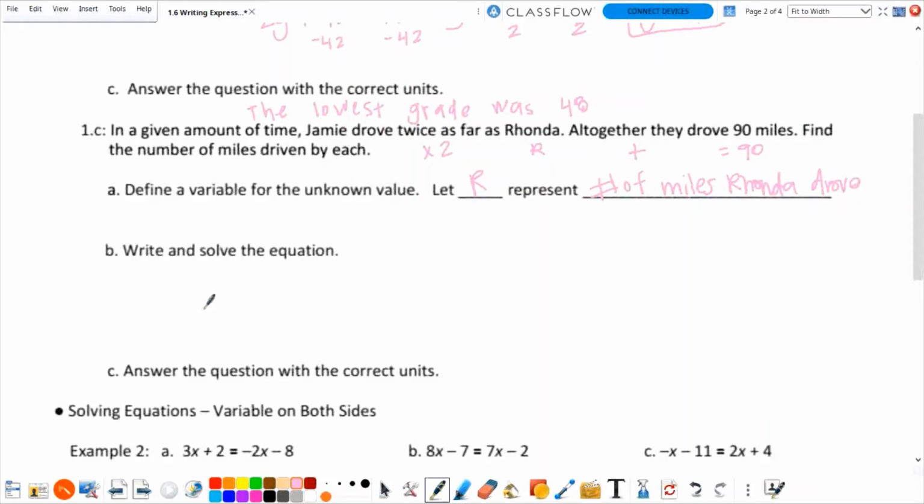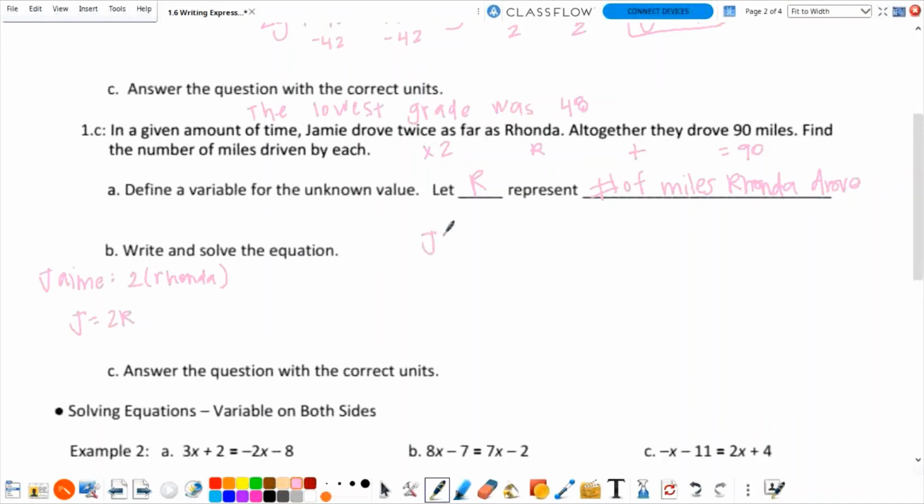Right, so now we can write and solve our equation. Just out on the side, to figure out Jamie, it's going to be 2 times whatever Rhonda drove. So we can write that as J equals 2R.